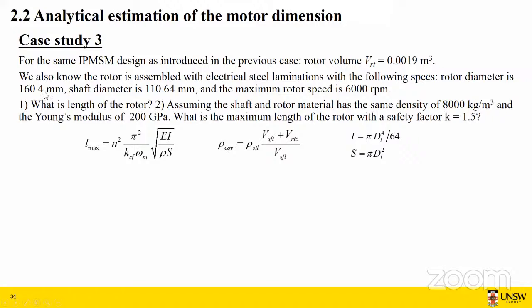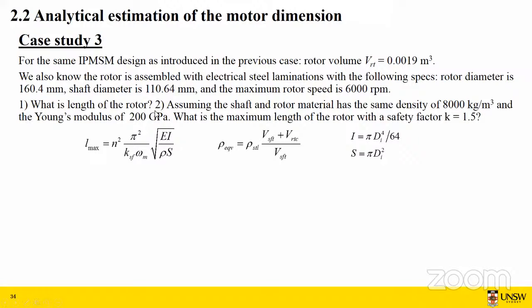We also know this rotor is assembled using electrical steel laminations, and its rotor diameter is 160.4 millimeter. Shaft diameter is 110.64 millimeter. It has a maximum rotor speed of 6,000 RPM.